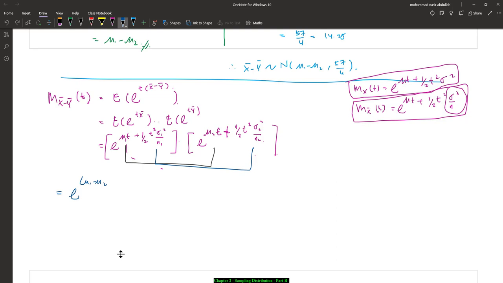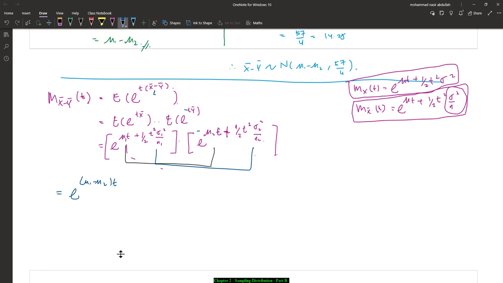This is minus dekat sini, so it should be negative dekat sini. Dia bukan kali macam tu saja, bisa negatif dekat sini. So this one should be negative mu2, so that's why mu1 minus mu2 t, right?